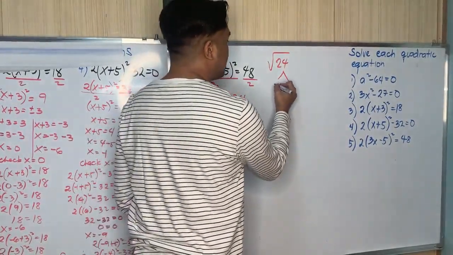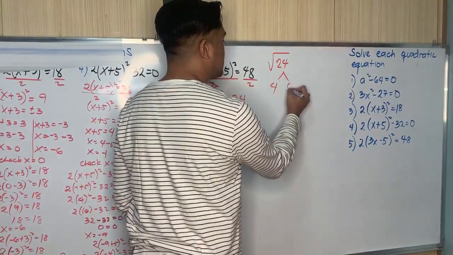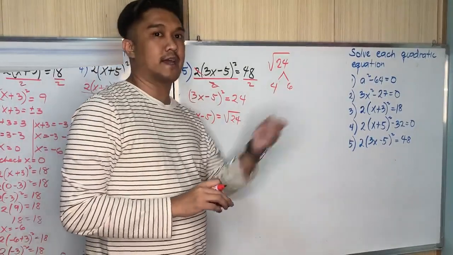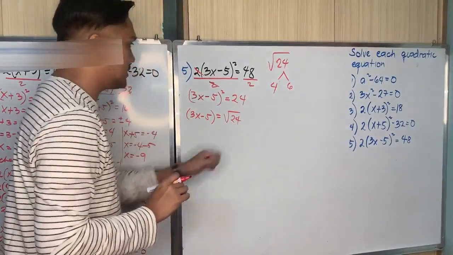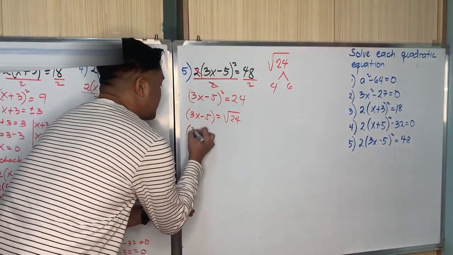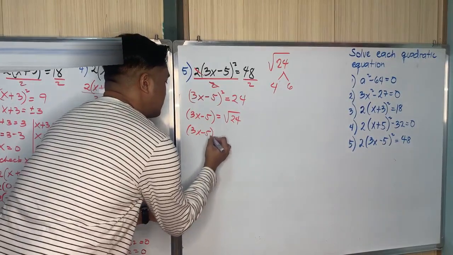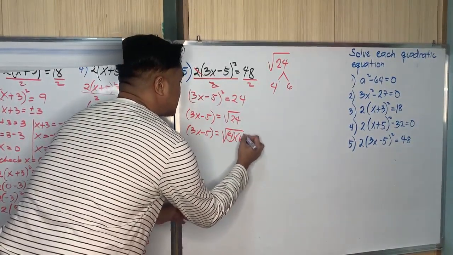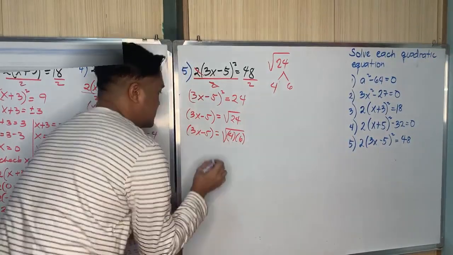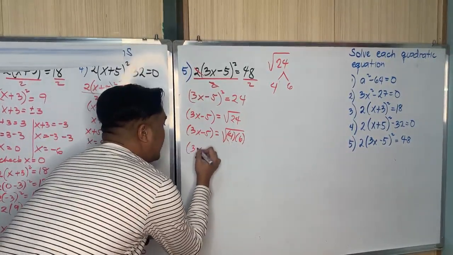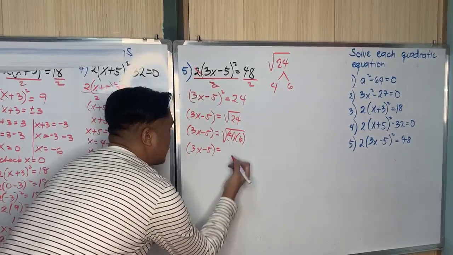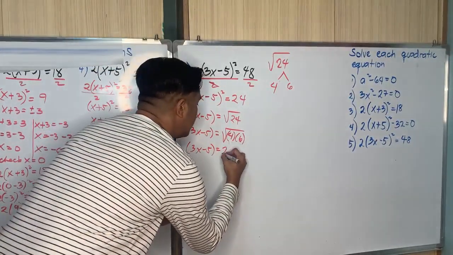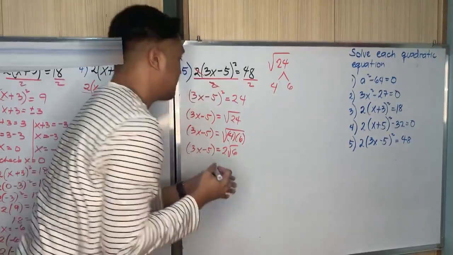Pwede siyang 4 times 6. Isa ay perfect square, isa ay hindi. Substitute natin dito. So, 3x minus 5 is equal to the square root of 4 times 6. Magiging, ano na siya? 3x minus 5 is equal to square root ng 4, lalabas yan, magiging 2 square root of 6.